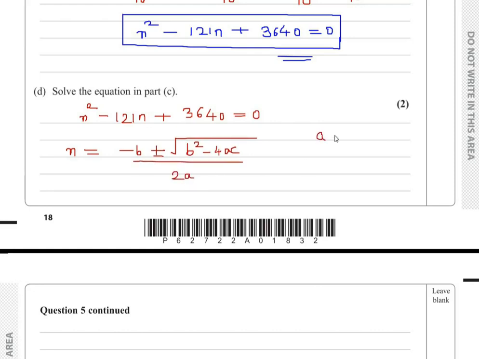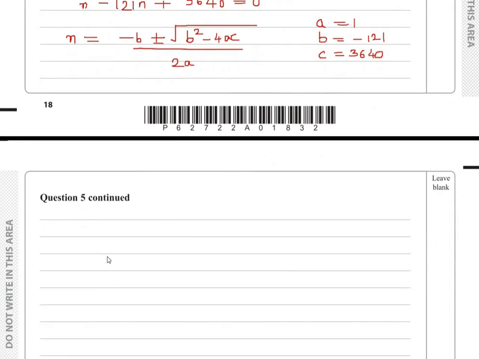Here our a is going to be 1, b is going to be minus 121, and c is going to be 3,640. Let us substitute these values in the formula.